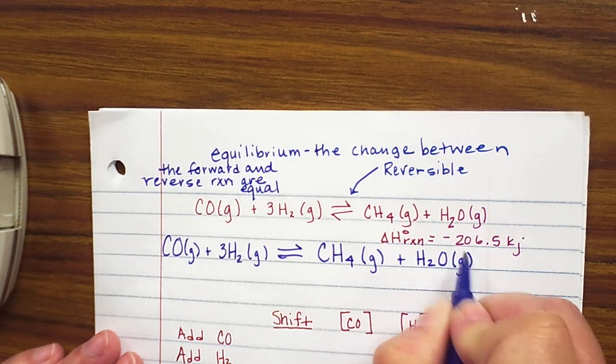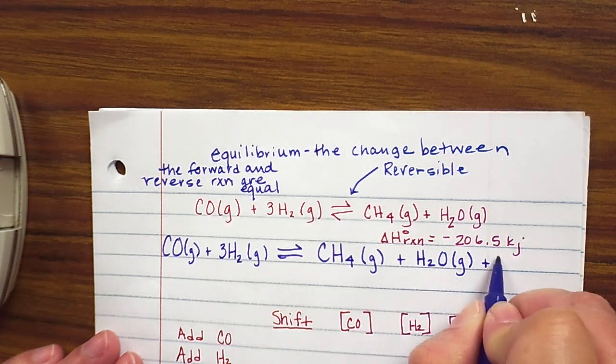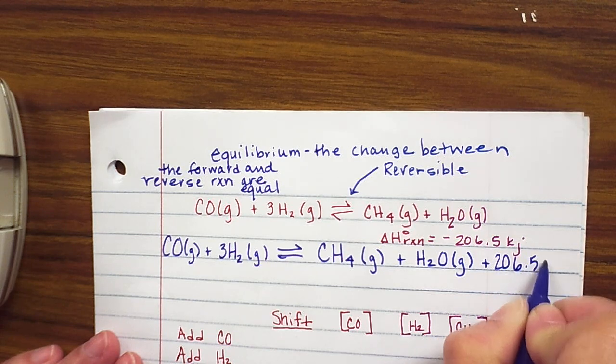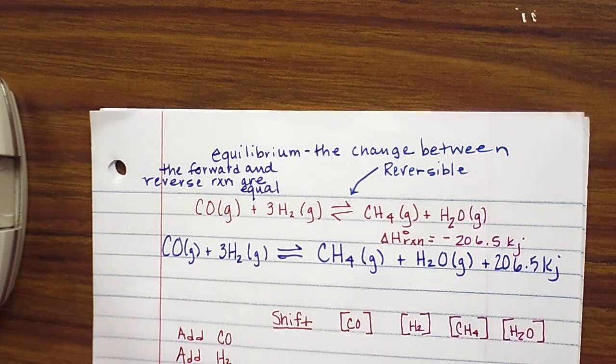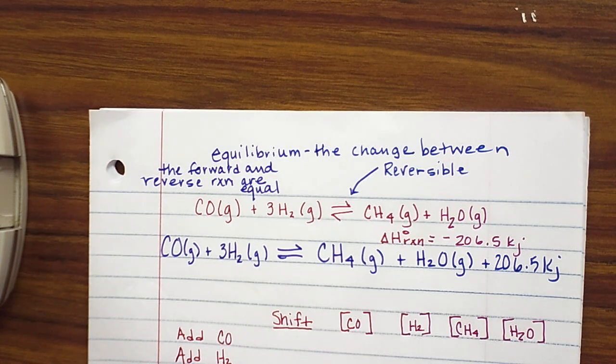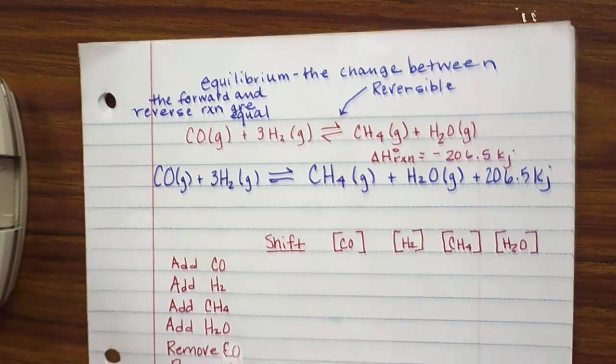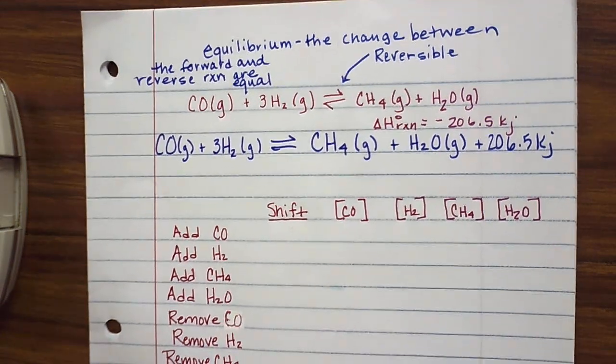And then we can add our heat in here, 206.5 kilojoules. And we can do that because our heat is negative. So we know that it's going to be exothermic. Now our heat becomes like a product.